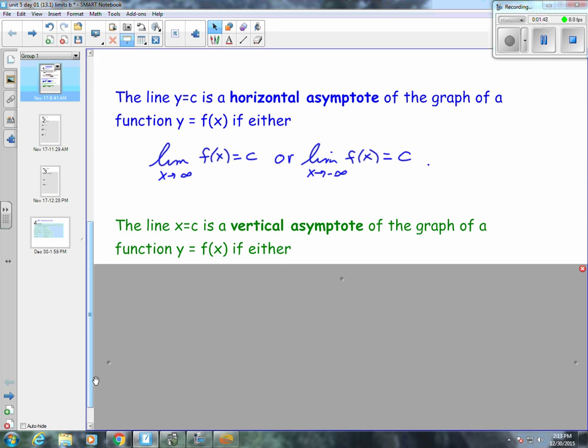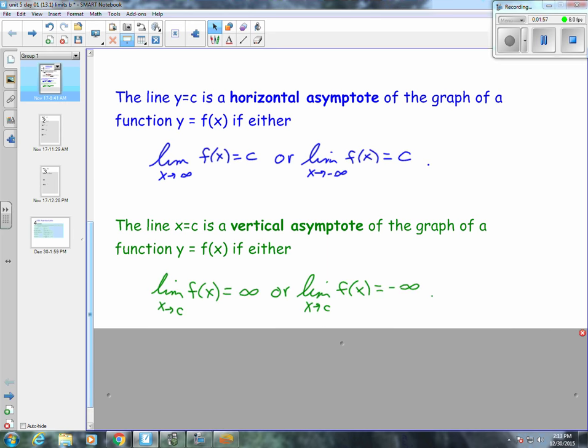The line x equals c is a vertical asymptote of the graph of a function y equals f of x if the limit as x approaches c of f of x equals positive or negative infinity.